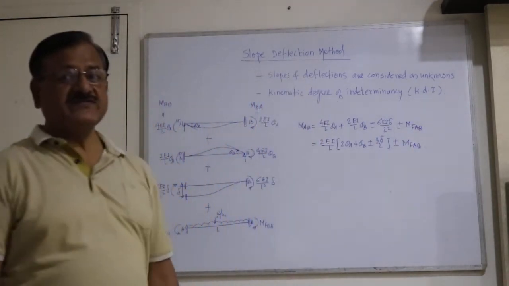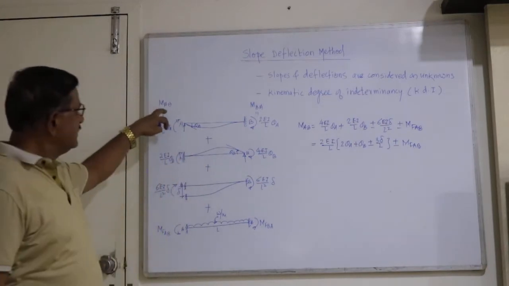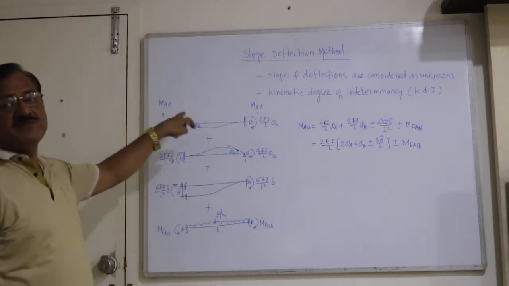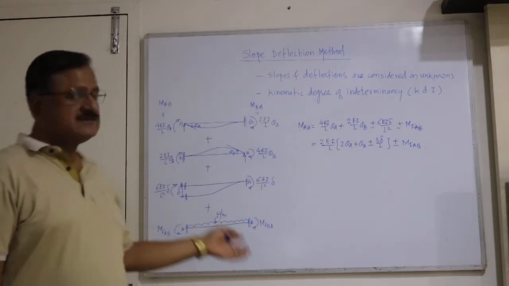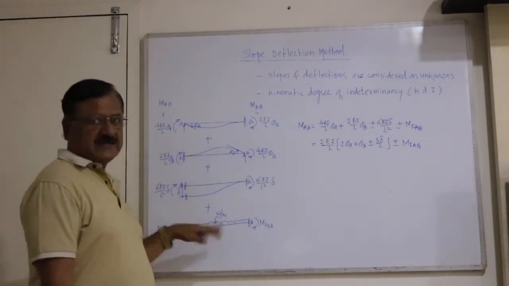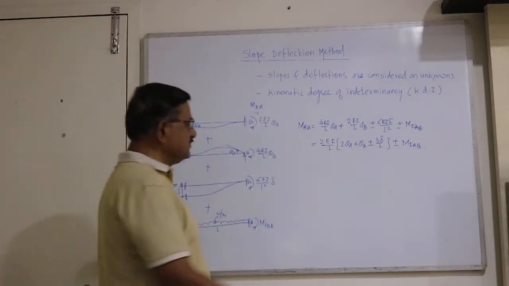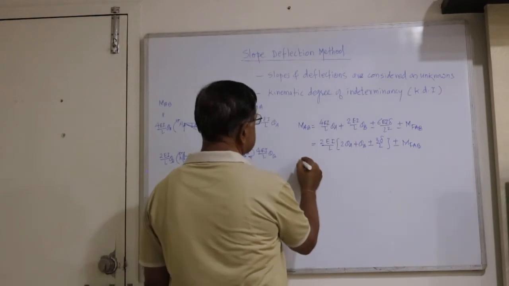So the slope deflection equation gives the final moment at A of beam AB when it undergoes rotations and deflections simultaneously. So this is the moment by using slopes and deflection.